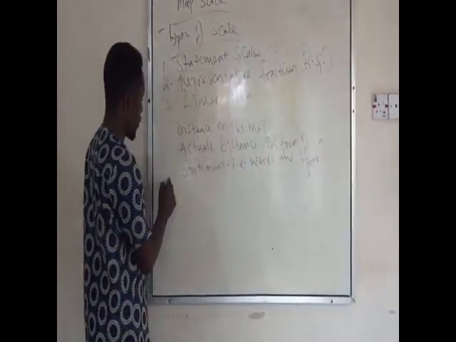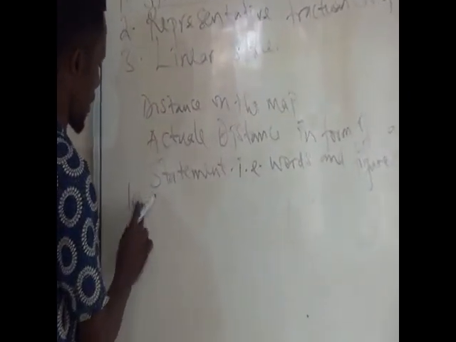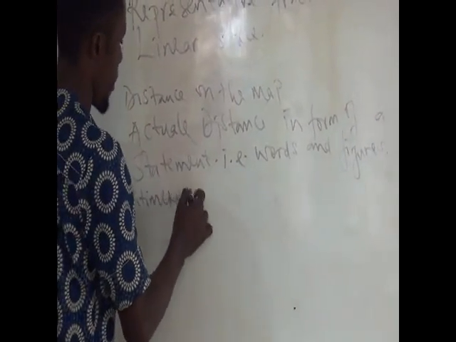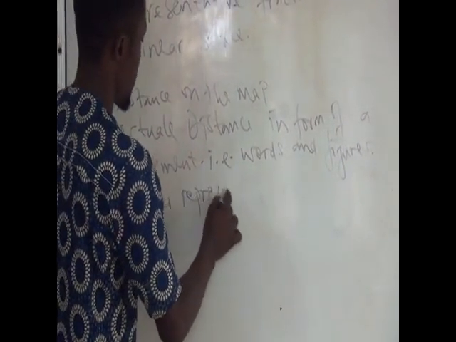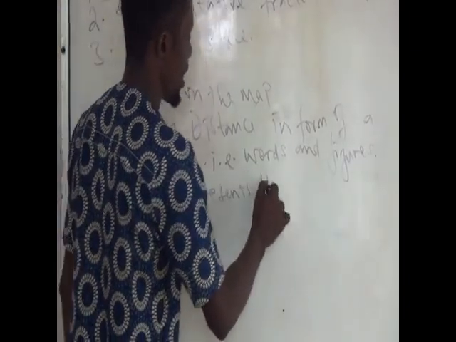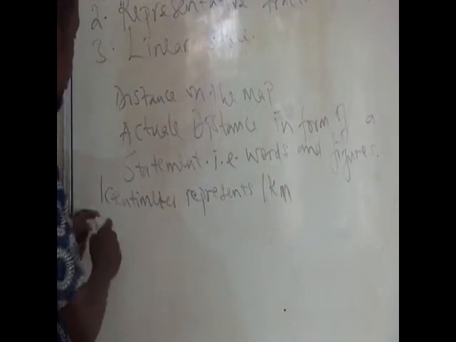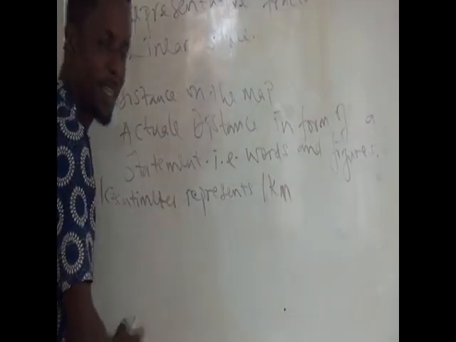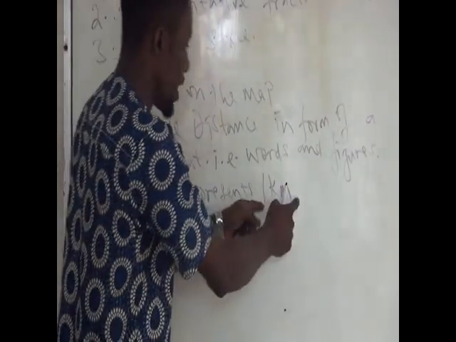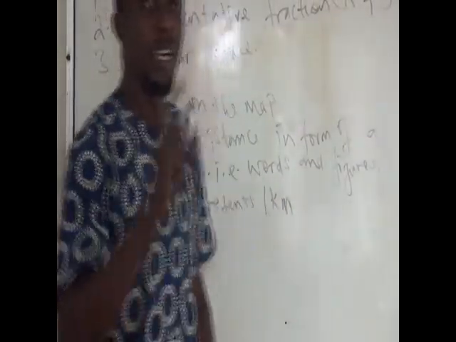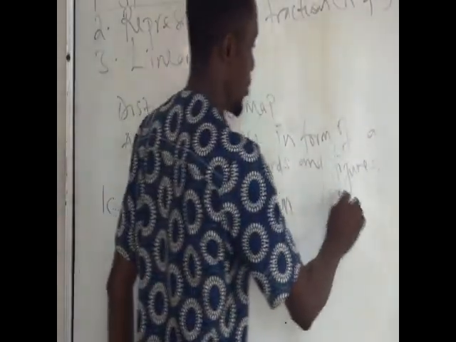Example of statement scale. We have 1 centimeter represents 1 kilometer. It means 1 centimeter on the map is actually 1 kilometer on the ground. Do you know how many centimeters make 1 kilometer? 100,000.